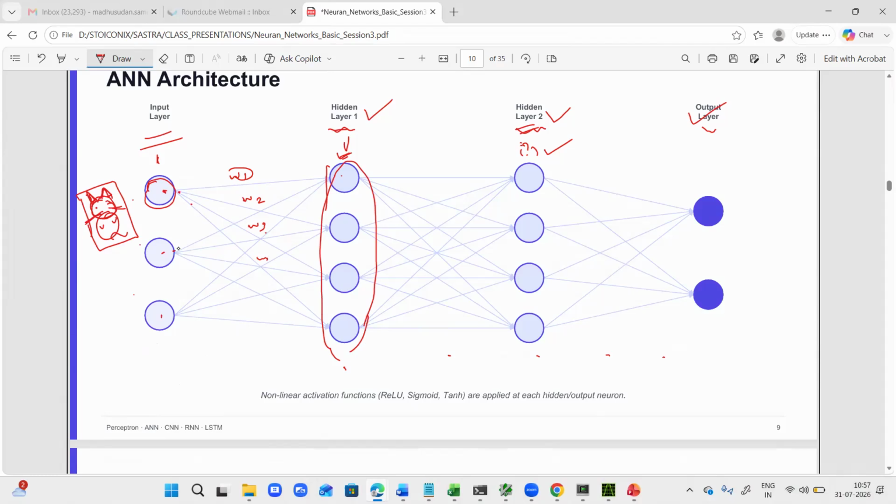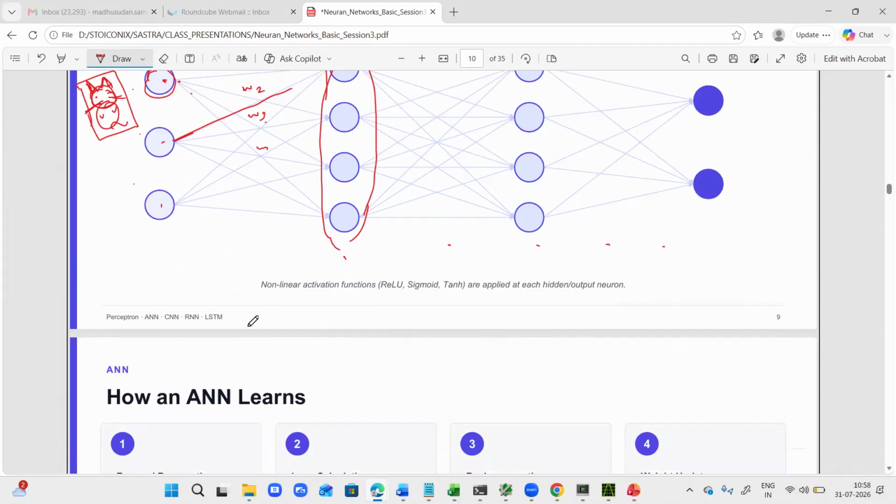Similarly, you take this input, then again multiply by w1, w2, w3. So you can easily understand that there are going to be many more computations than what you saw in the case of a single perceptron. It's going to get mathematically a little bit more complicated.